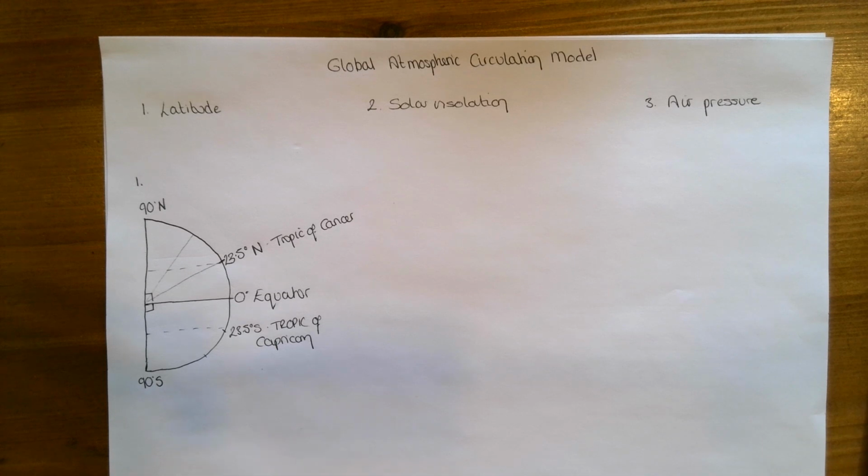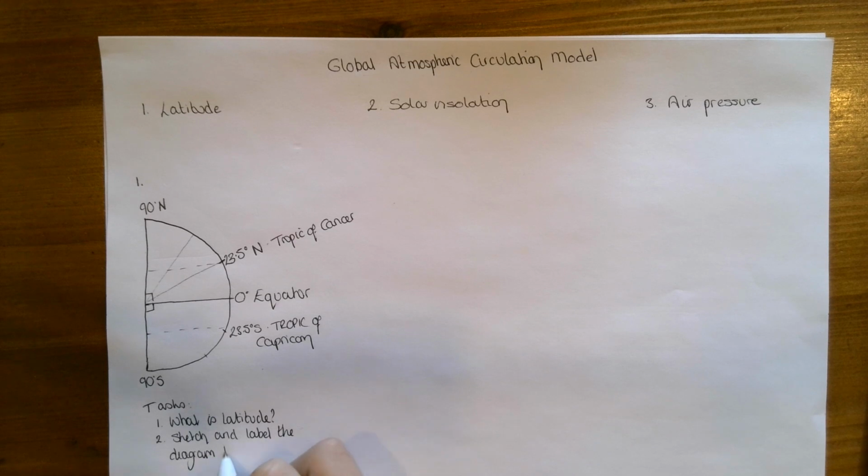So what I would like you to do, you've got 2 tasks for this section. 1, I would like you to tell me what is latitude. Okay, so the definition, what is latitude? And number 2, underneath that, sketch and label the diagram to show lines of latitude.